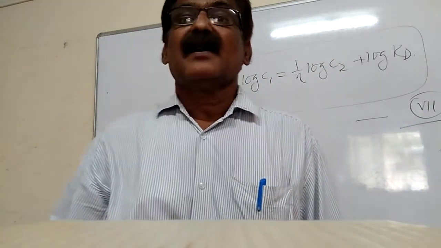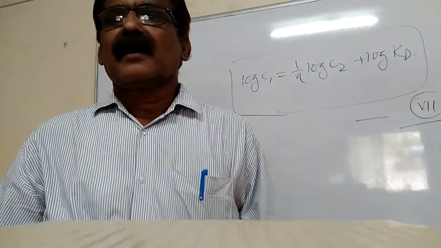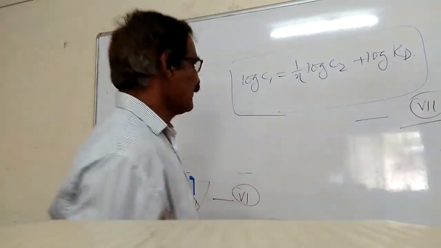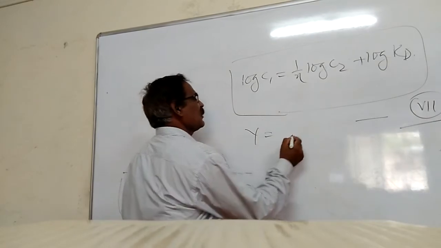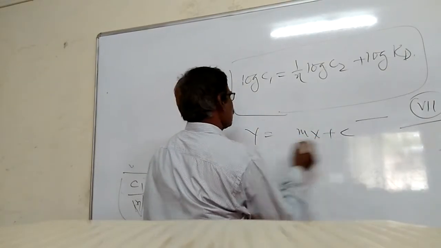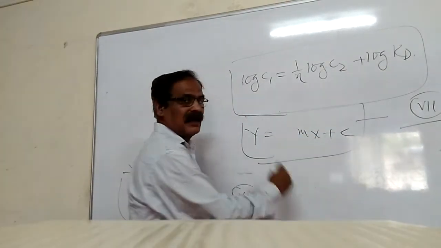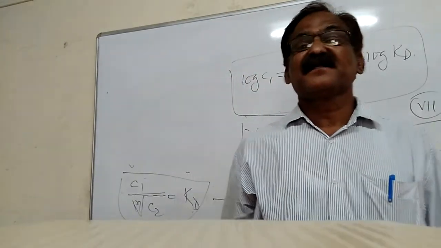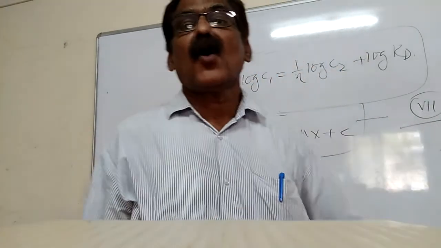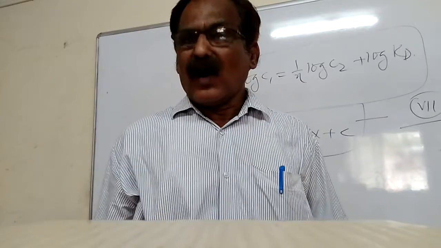Expression number 7 is representing an equation of a straight line of the form y is equal to mx plus c. What does it mean?